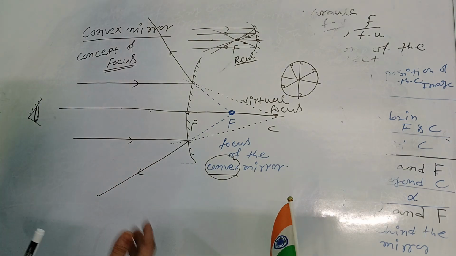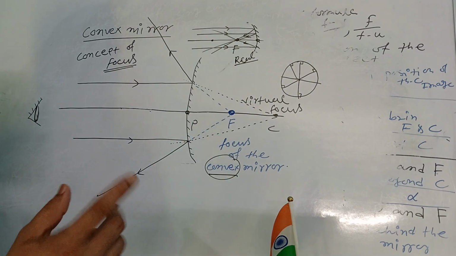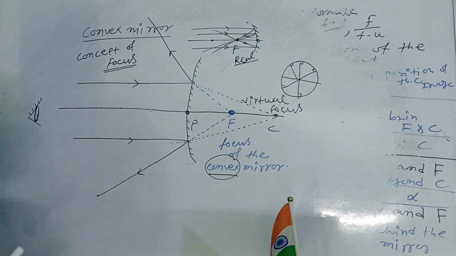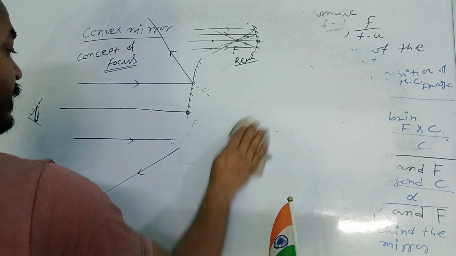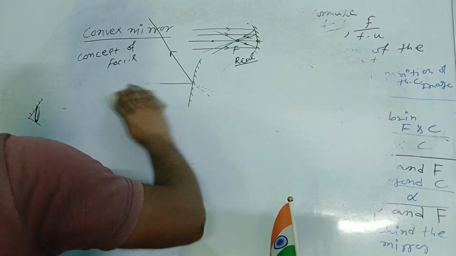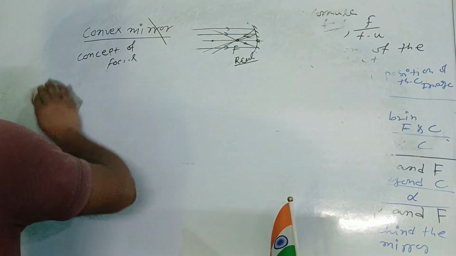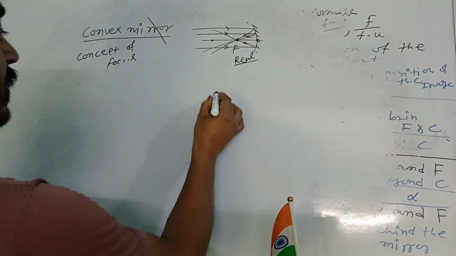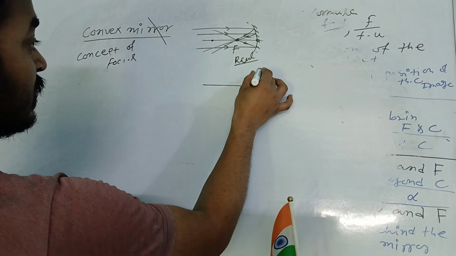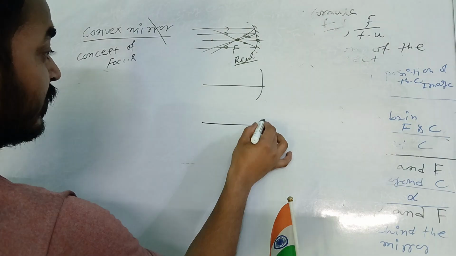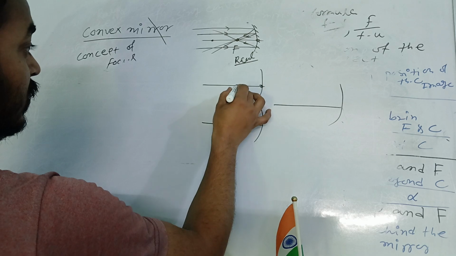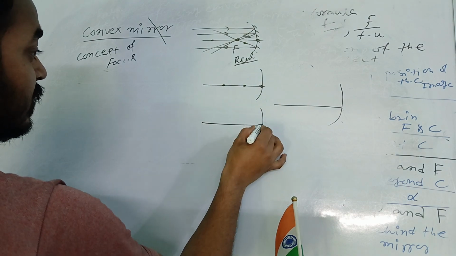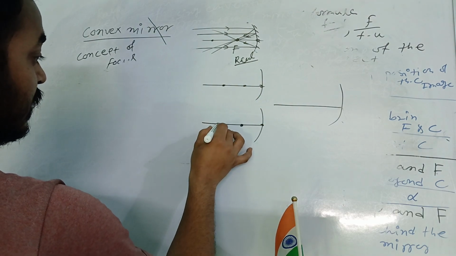Now, ray diagram. How to draw the ray diagram? Here also we have to remember the rules. In case of a concave mirror, we draw like this, in 3 or 4 steps. This is the pole, focus, center of curvature.